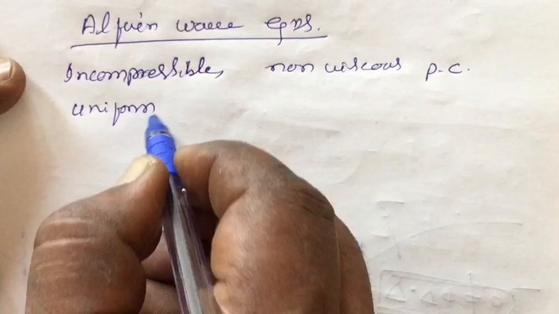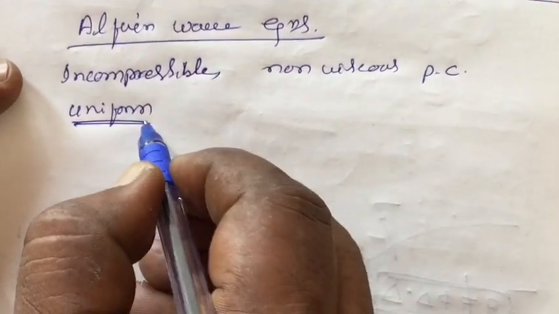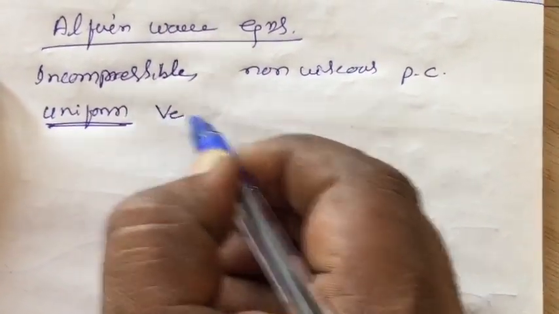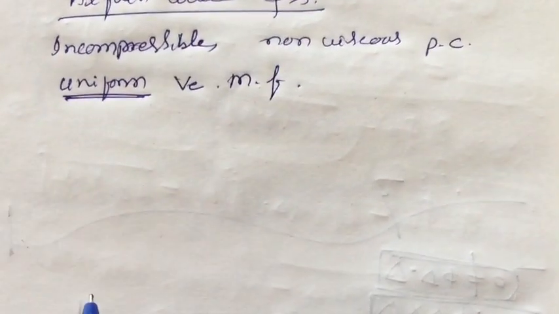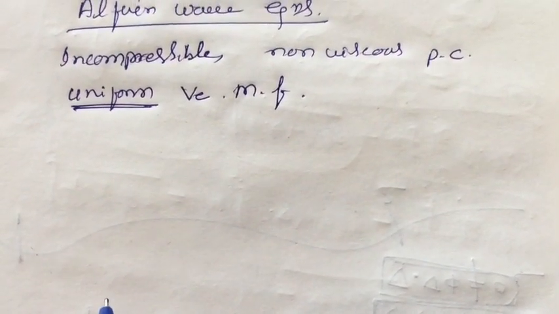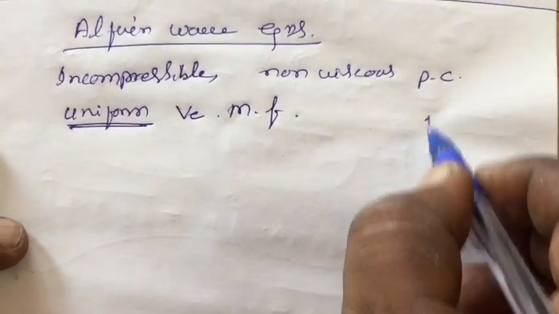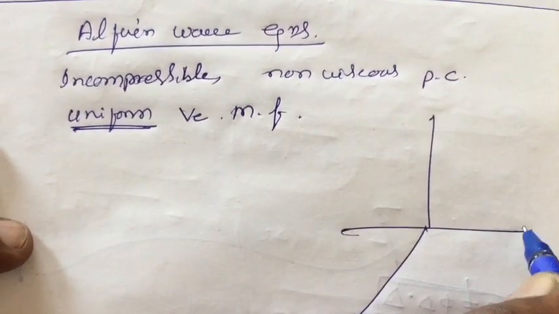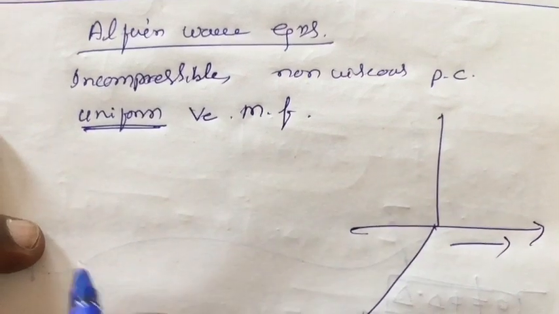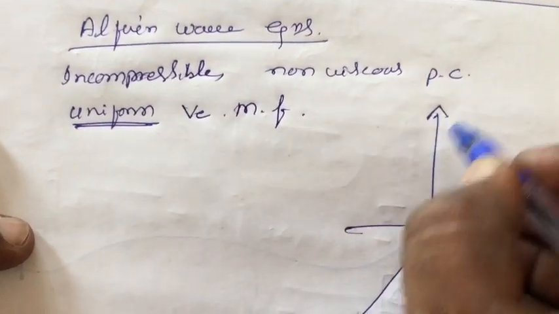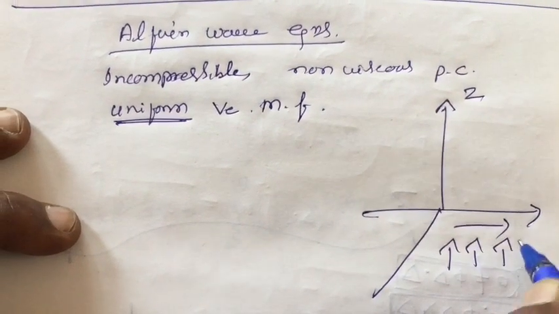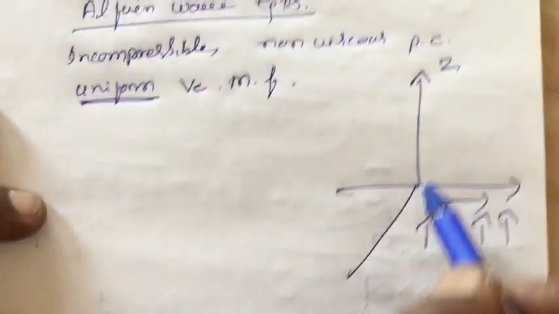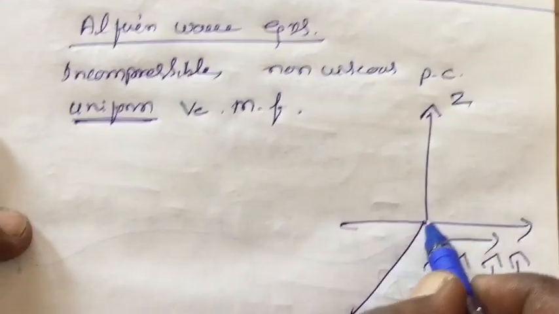This is a very important thing. Vertical means it is applied in the direction of Z. If the flow is in the horizontal direction, then the magnetic field is applied in the vertical direction, so it is perpendicular to the flow direction.